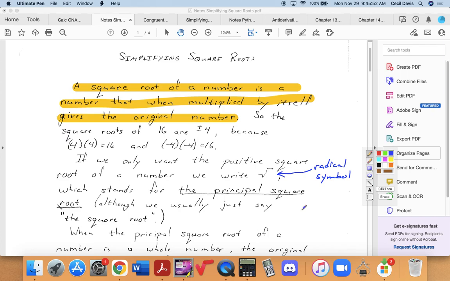Now, before we go on to this next part, I want you to do something for me. Let's draw a square up here, and let's say that the area is 25.